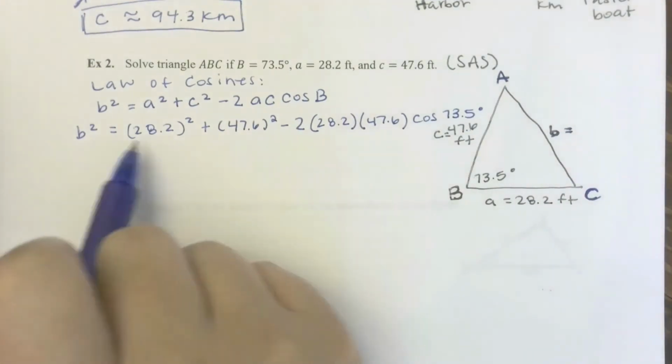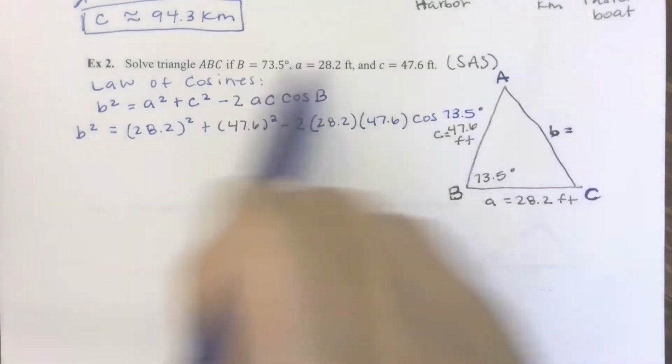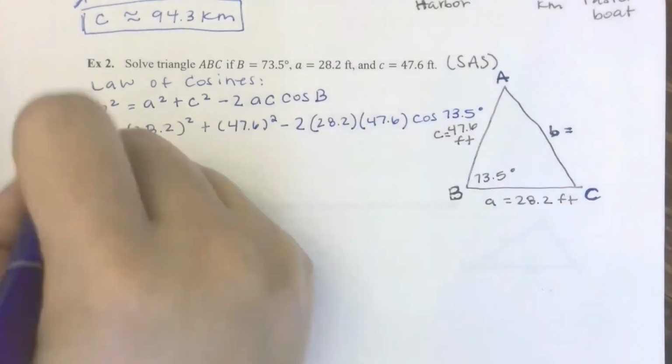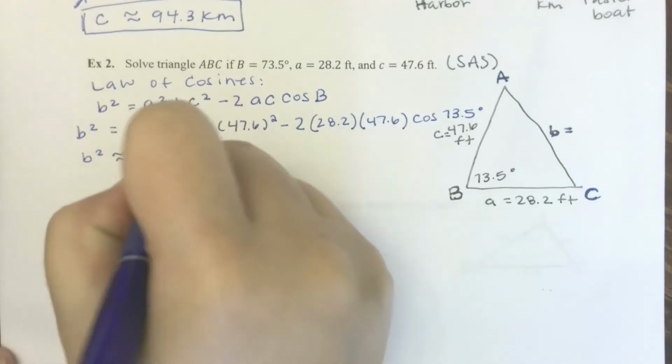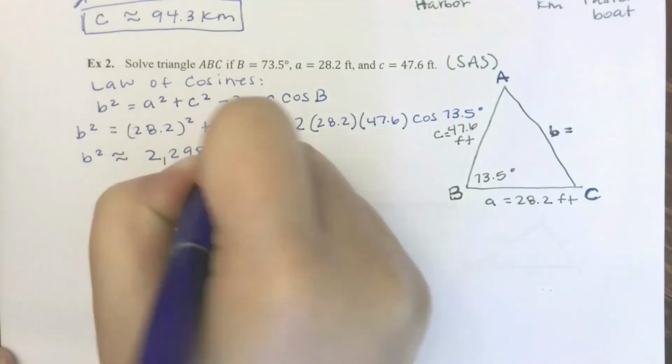Okay, so all I did was plug in the values that we were given. So then I have B squared is approximately 2,298.5 feet.